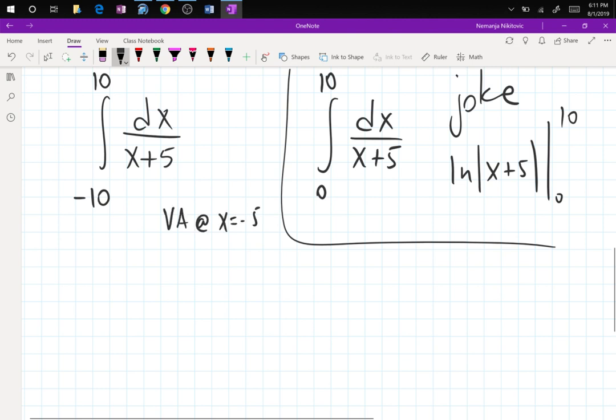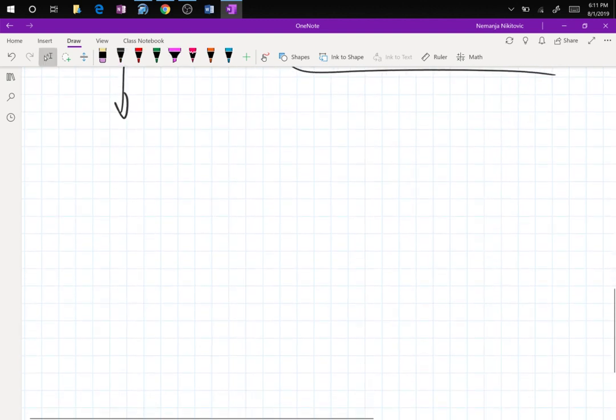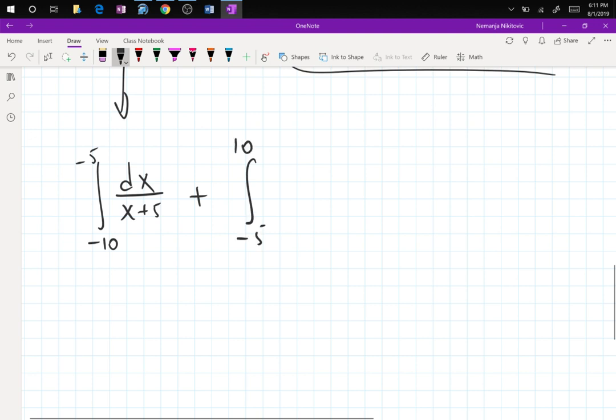equals negative 5. This is the one that breaks into two integrals. You have to go from negative 10 to negative 5, dx over x plus 5, plus negative 5 to positive 10, dx over x plus 5. So we have to start the problem this way, to break it at the bad point, because the bad point of -5 is going to get the limits.